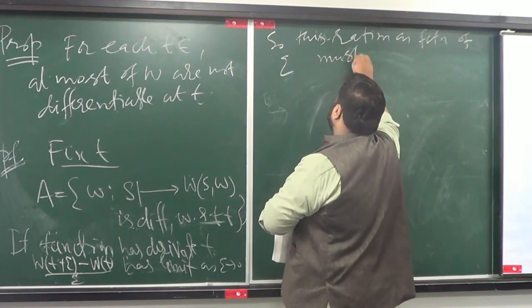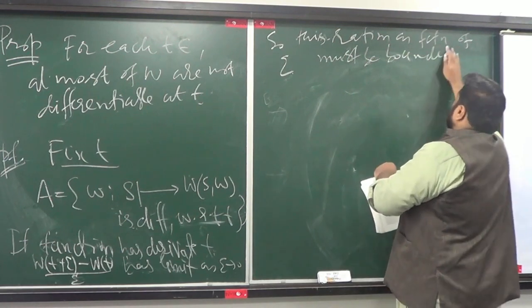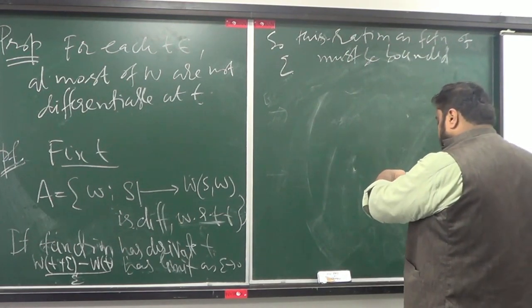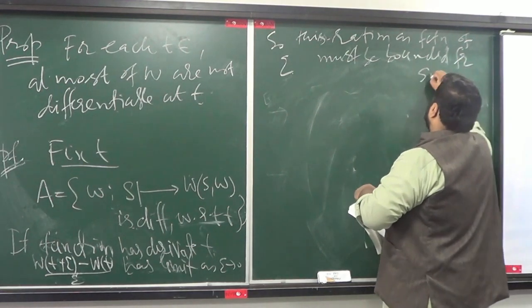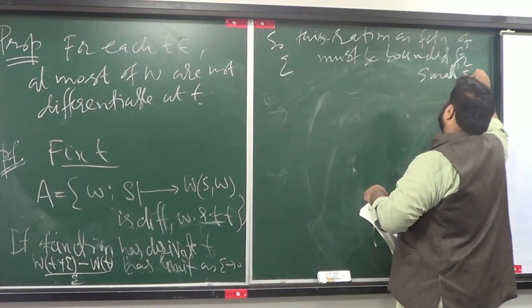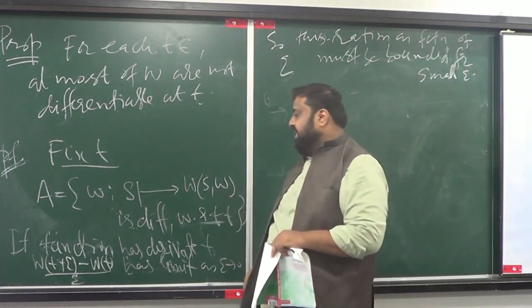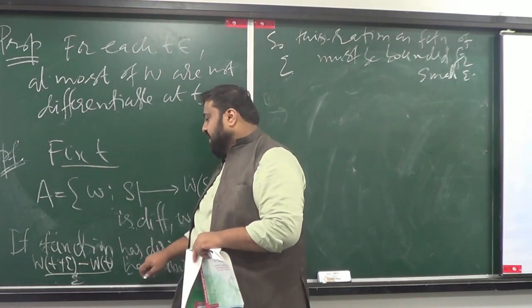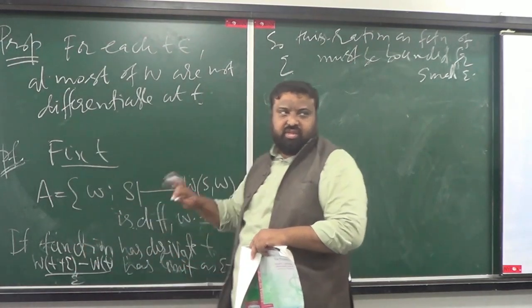It shouldn't explode. It must be bounded for small enough epsilon. So this function having a derivative means that this limit should exist as epsilon goes to 0. If it exists, it should be some finite quantity.